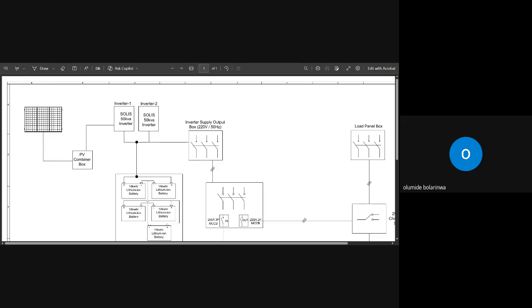What do you think your storage capacity will be?